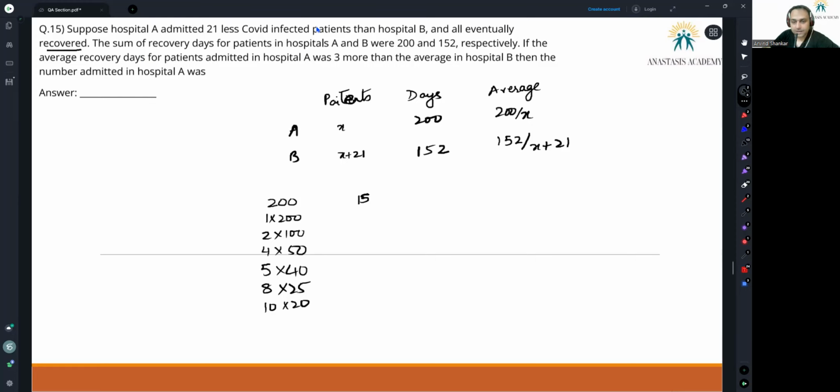Now let's list the factors of 152. 1 into 152, 2 into 76, 4 into 38, 8 into 19. These are the only factors there. Now I felt I have to find a pair where in one place there is a gap of 21 and in the other place a gap of 3, because usually that works.